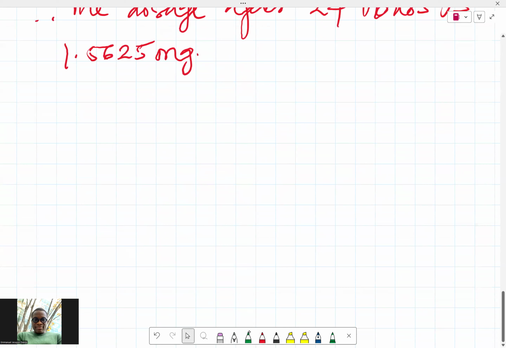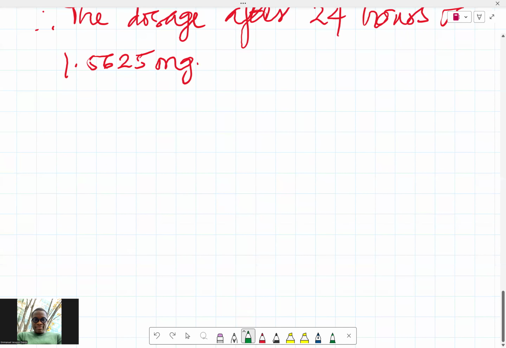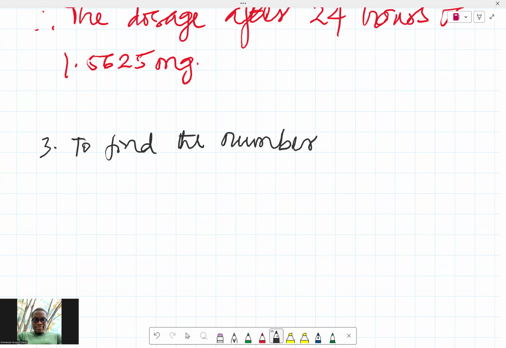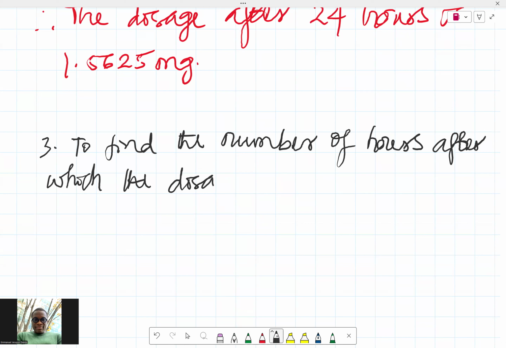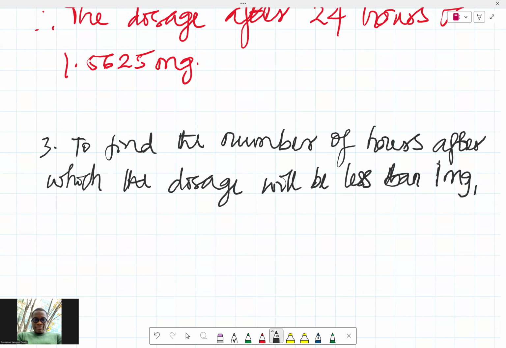To find the number of hours after which the dosage will be less than 1 milligram, that means we need the point where Tn is less than 1. Basically, that's what we need now.